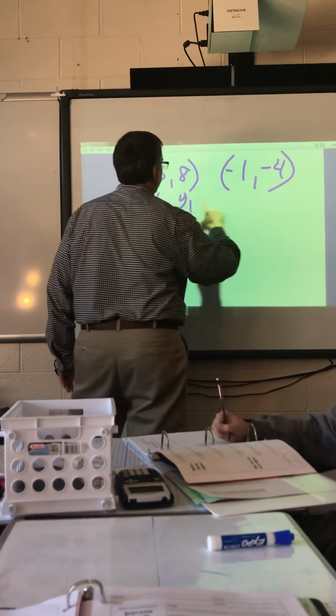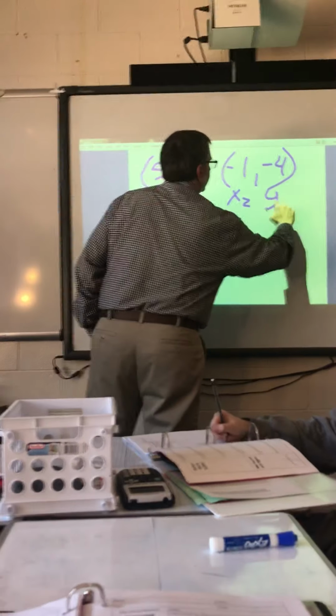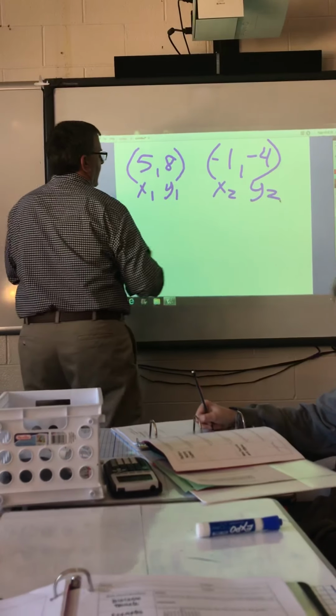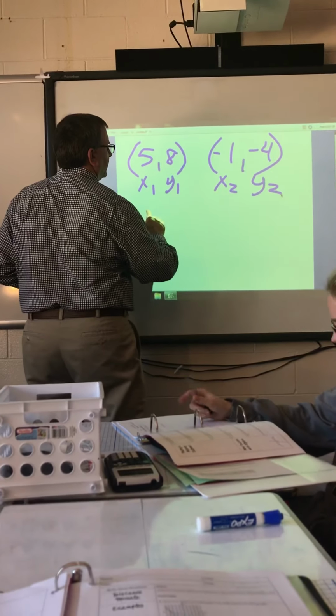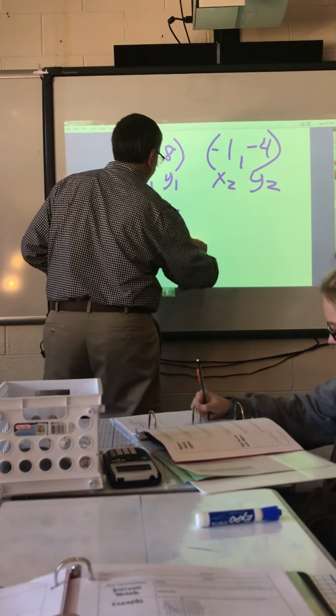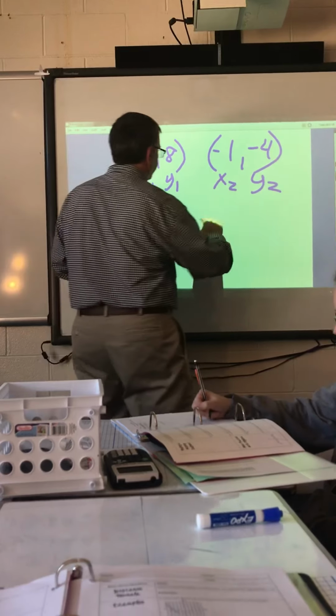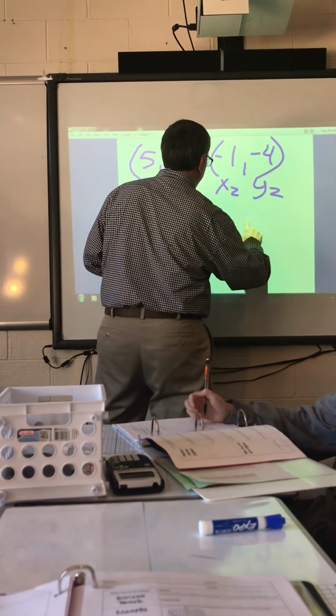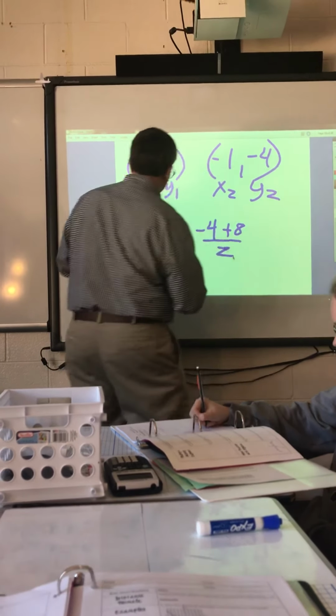Label, label, label. So I have x2, negative 1, plus 5 over 2, comma, y2, negative 4, plus 8 over 2.